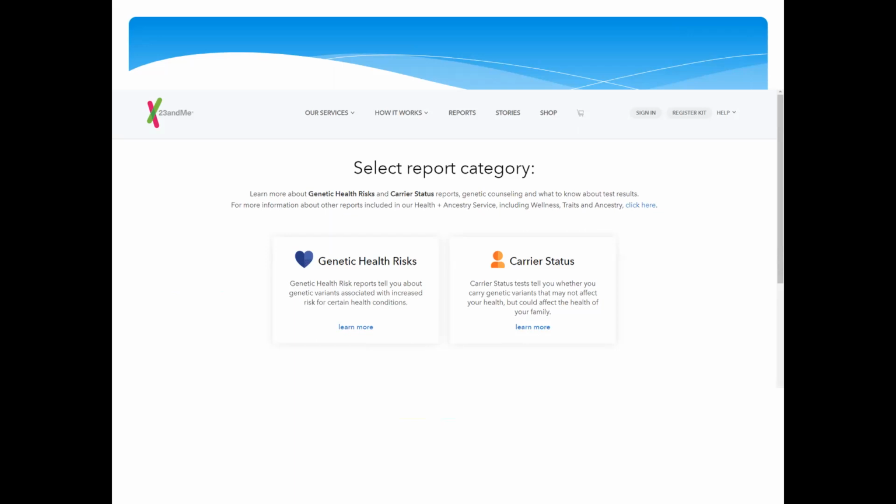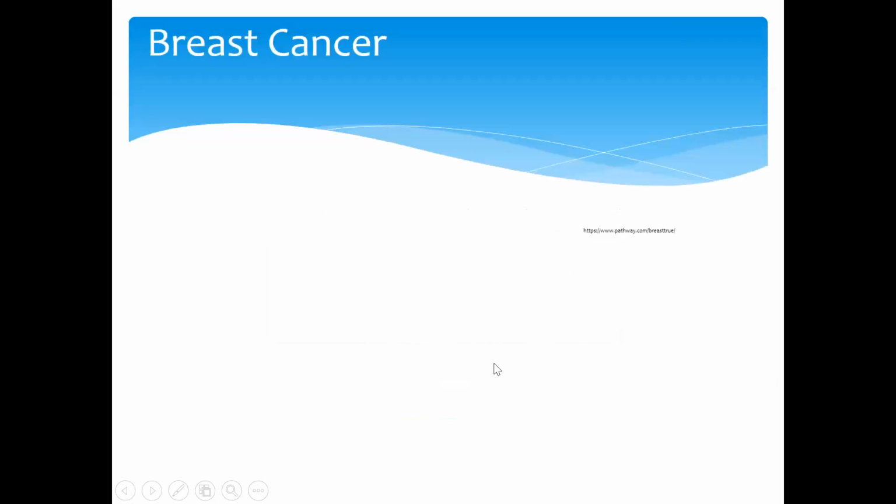You should not take these medications because of X. And it went through and explained all of the liver enzymes. And they came under scrutiny by the FDA and they had to stop giving out that information to patients. So they cut back what they were giving to patients by pretty close to 50%. So you have your genetic health risks and you have your carrier status. These are two elements that they will help provide you information on.